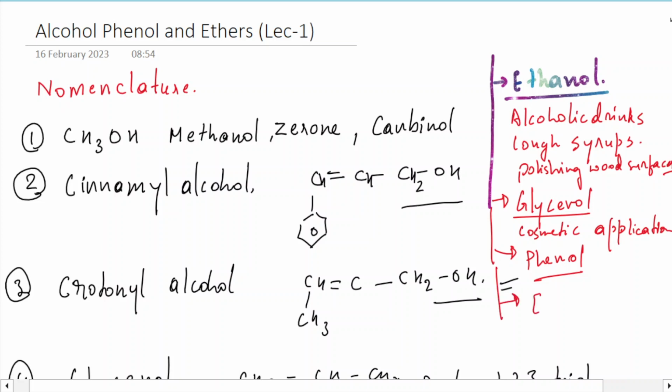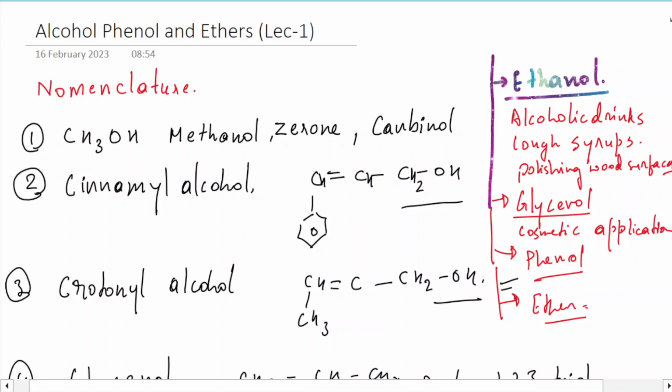Next to phenol are ethers. They are used to prepare fragrant compounds, like they are used to give fragrances. They are highly volatile basically. So that was a brief discussion about the uses of alcohols, phenols and ethers in our day-to-day life.